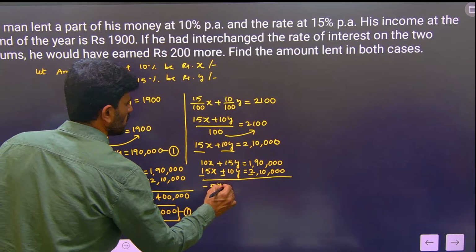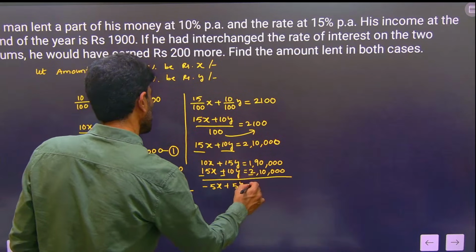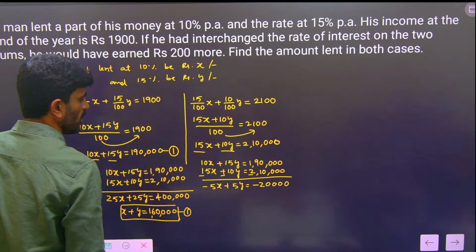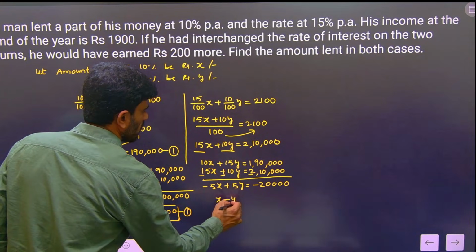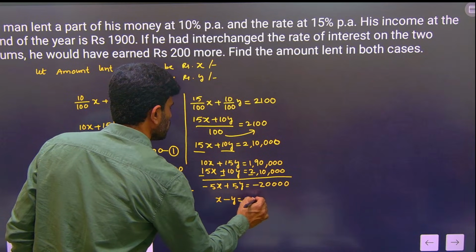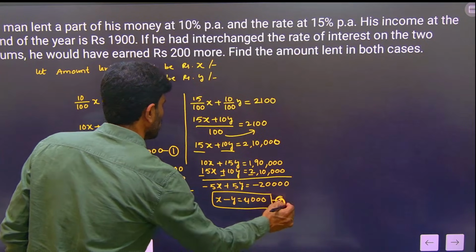Minus 5x + 5y is equal to just 20,000 difference. Now everywhere we can divide by minus 5. So it is x minus y is equal to 4,000. This is equation 2.